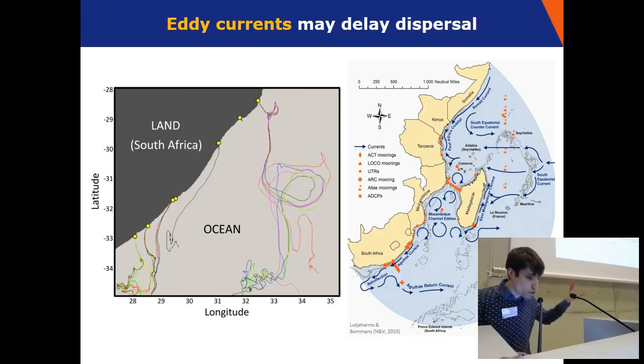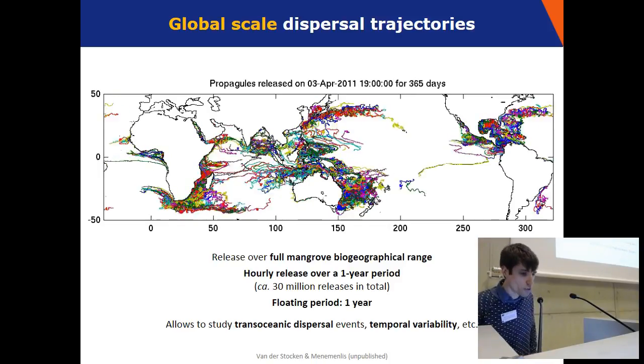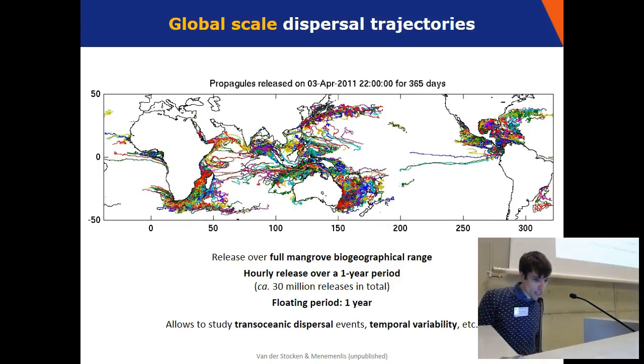I also want to show this quickly because, of course, propagules have a limited viability and floating period. And oceanic features like eddy currents can, of course, delay propagule dispersal beyond their viability period. And here is the last result, which I really want to introduce, and it's too heavy, pity.